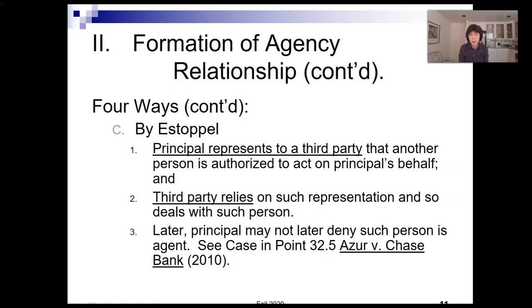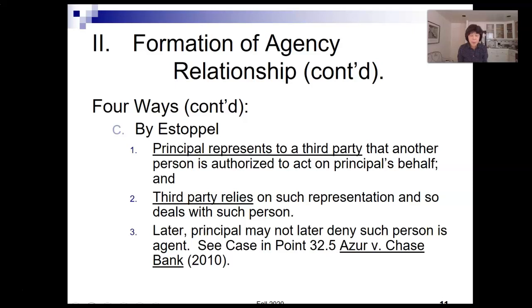All right, one of those affairs that he had his assistant take care of had to do with his credit card, paying the bill every month on the credit card. All right, so the personal assistant had access to Mr. Azure's credit card and was able to take out cash advances against the credit card.